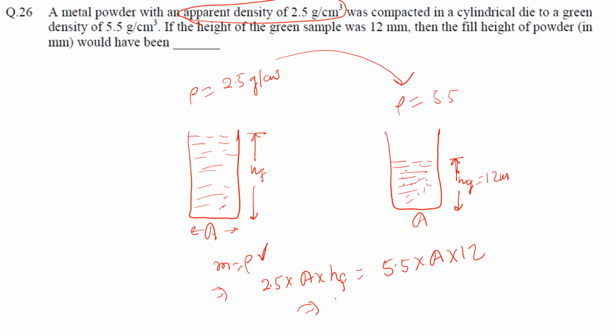So HF equals, area cancels, 5.5 into 12 divided by 2.5. I have done the calculation. It is 26.4 mm. So it is very easy.